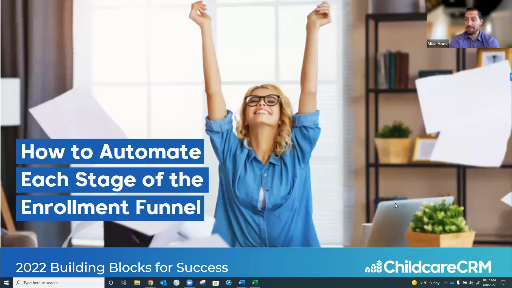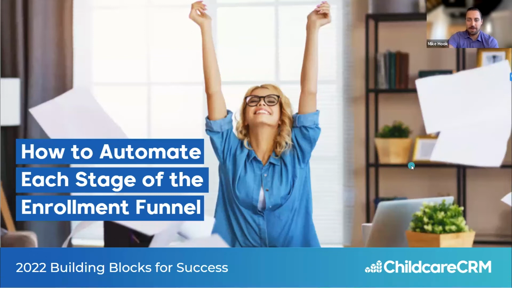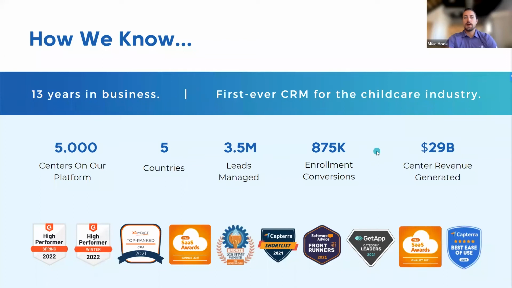So I love it, Lisa. You say you're the color person, and what that really means is you've experienced how to do this as a childcare organization, someone who has run it at a high level, from working with all of our customers here as well. And this is where we get this information from. So how do we know? We've got wonderful people at Childcare CRM like Lisa, with a wealth and depth of knowledge from all sides. We've also been in business for 13 years.